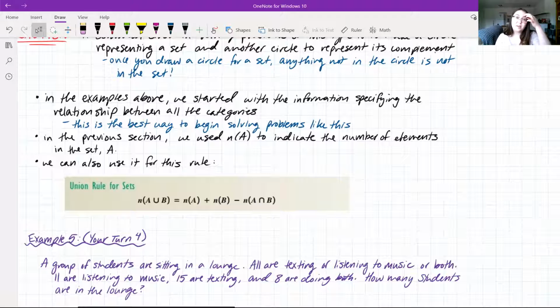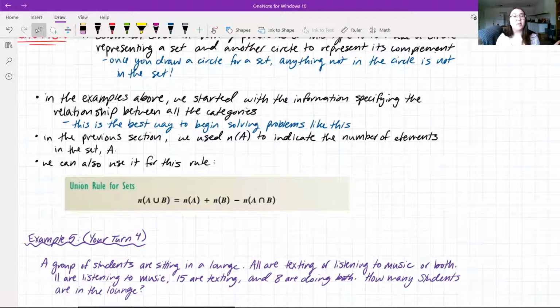And we know that this makes sense because A union B is all the values in A and B and both. So if we take all of that, the number of elements in A and the number of elements in B, some of those elements are going to be shared, and that would be the intersection. So it would be the shared elements.